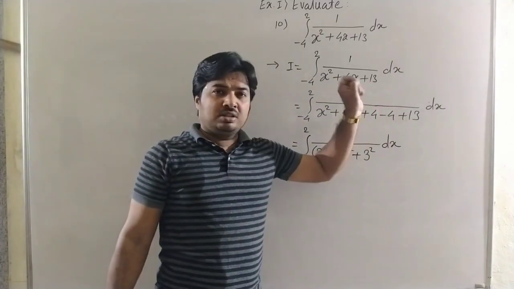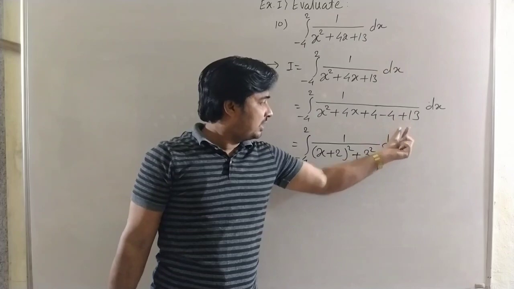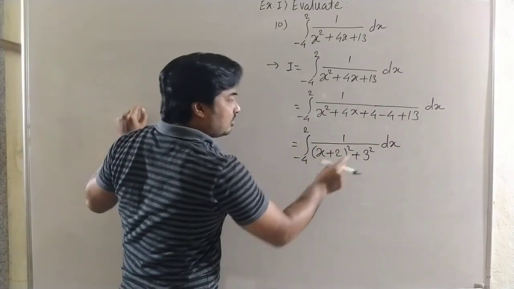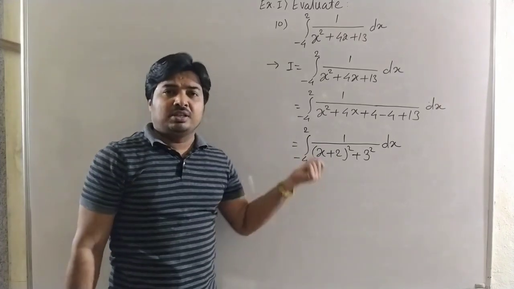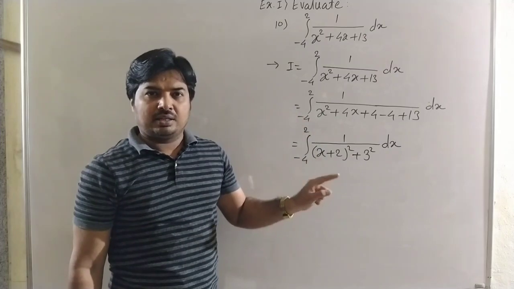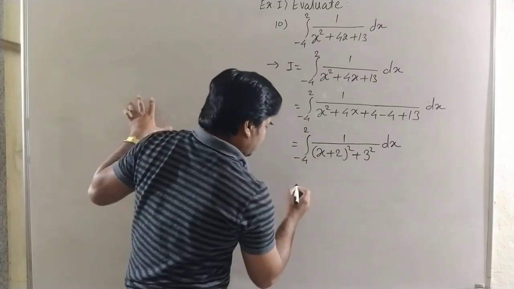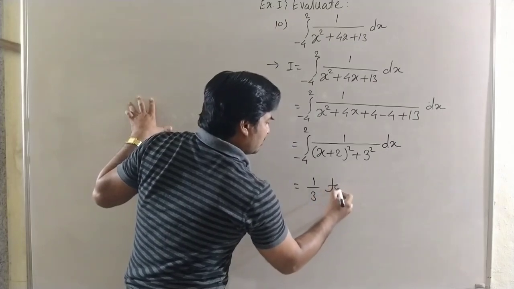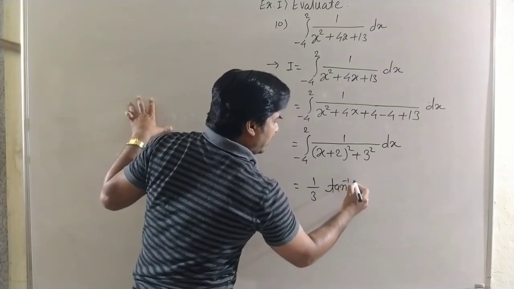Minus 4 plus 13, it is 9, and it is 3 square. Now here it is 1 upon x square plus a square. It is a special integral, 1 upon x square plus a square. Integral it is 1 by a tan inverse x by a. Then here 1 by a tan inverse of x by a.